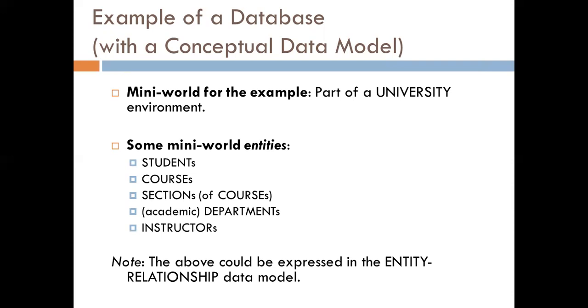When we have entities, there will be relationships between the entities, so we call it an entity relationship data model. For example, consider the entities student and courses. Students will enroll in courses, so that enrollment is the relationship.